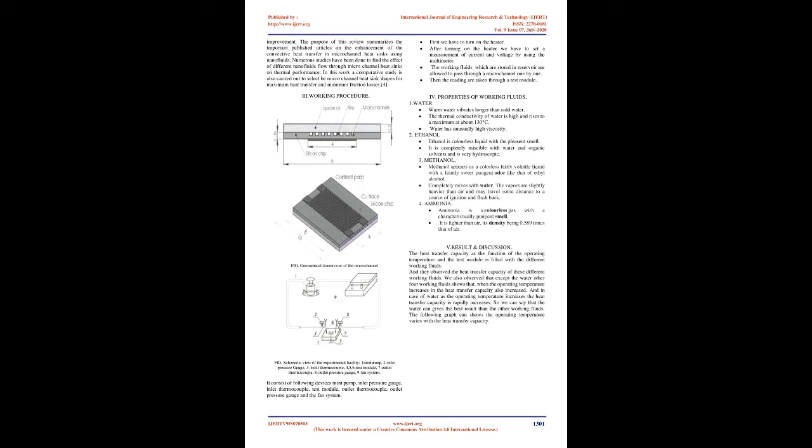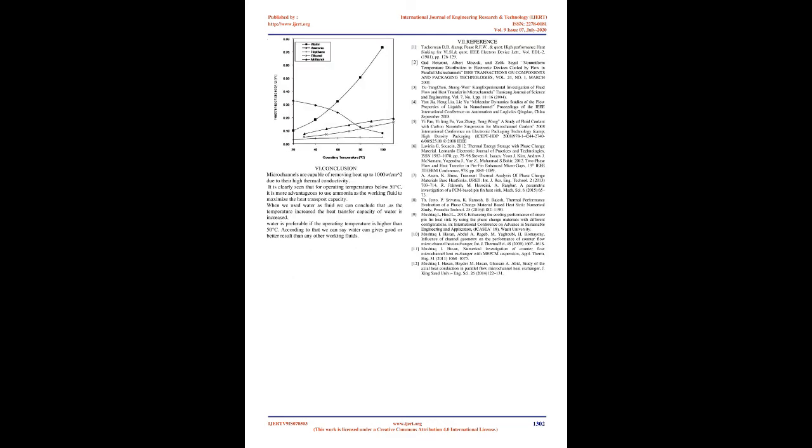Working procedure. Figure: schematic view of the experimental facility: 1 mini pump, 2 inlet pressure gauge, 3 inlet thermocouple, 4, 5, 6 test module, 7 outlet thermocouple, 8 outlet pressure gauge, 9 fan system.